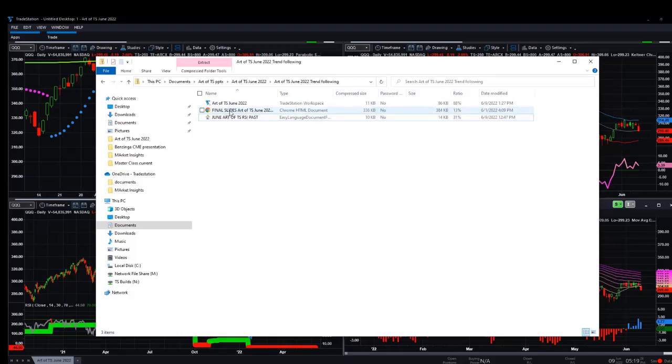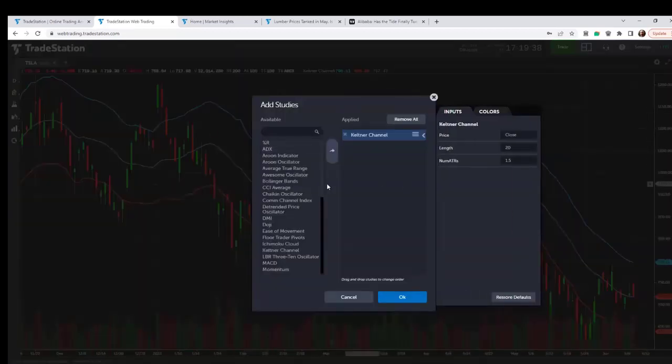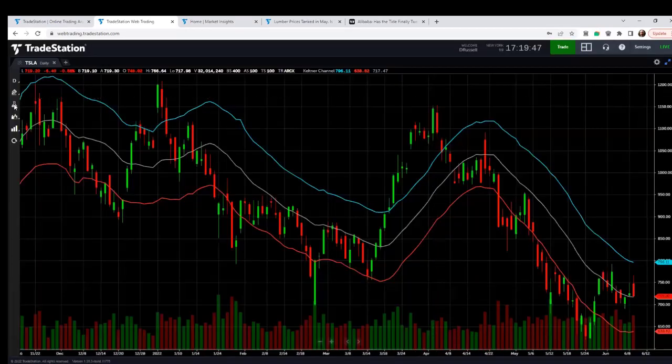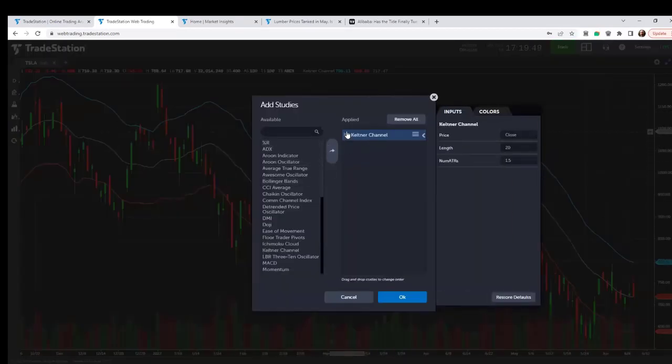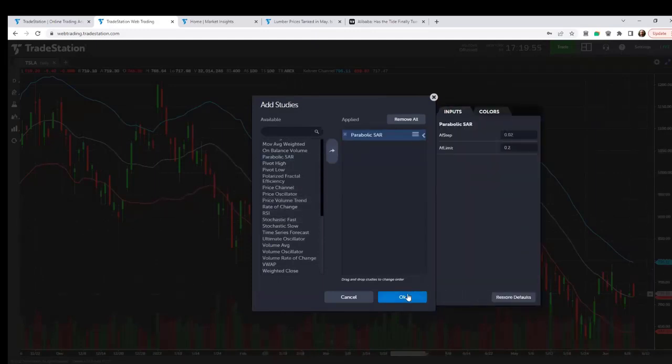Are we able to change the settings in Parabolic SAR? Yes. So let's go back here to web trading, and go to Parabolic SAR. Sometimes this thing is a little bit weird. Remove Keltner channels first. All right, so the inputs.